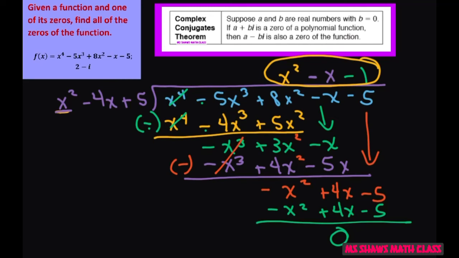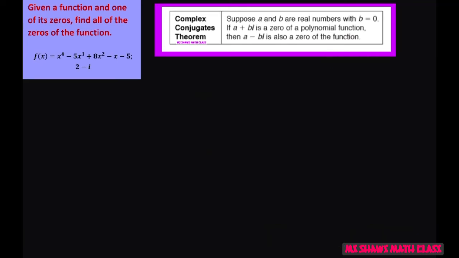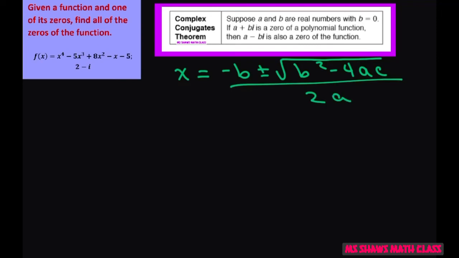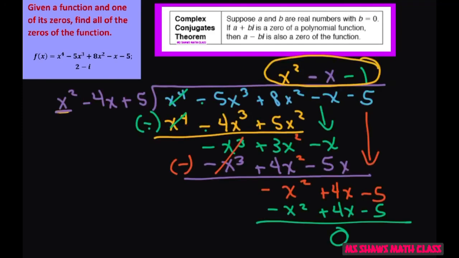So let's do that. For the quadratic formula, we have x equals negative b plus or minus the square root of b squared minus 4ac, all divided by 2a. And we had x squared minus x minus 1. I'm just going to double check. Yes. All right.